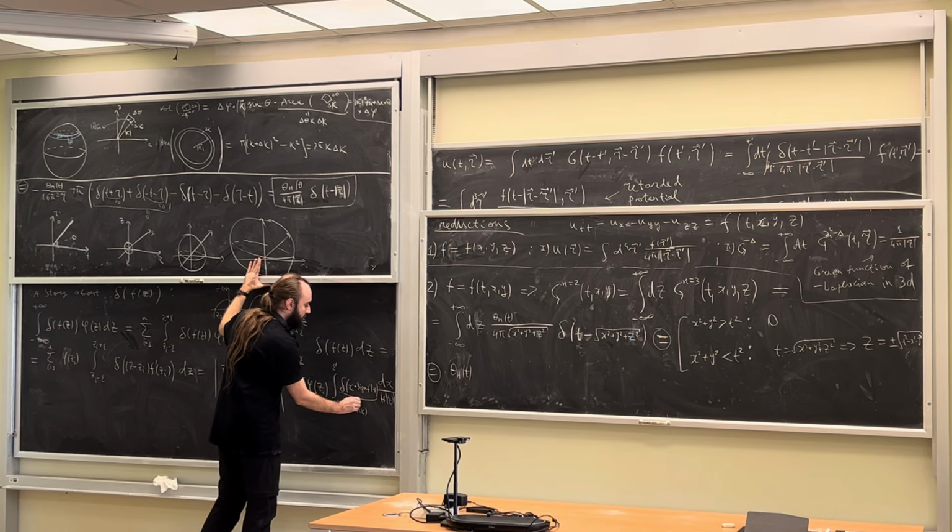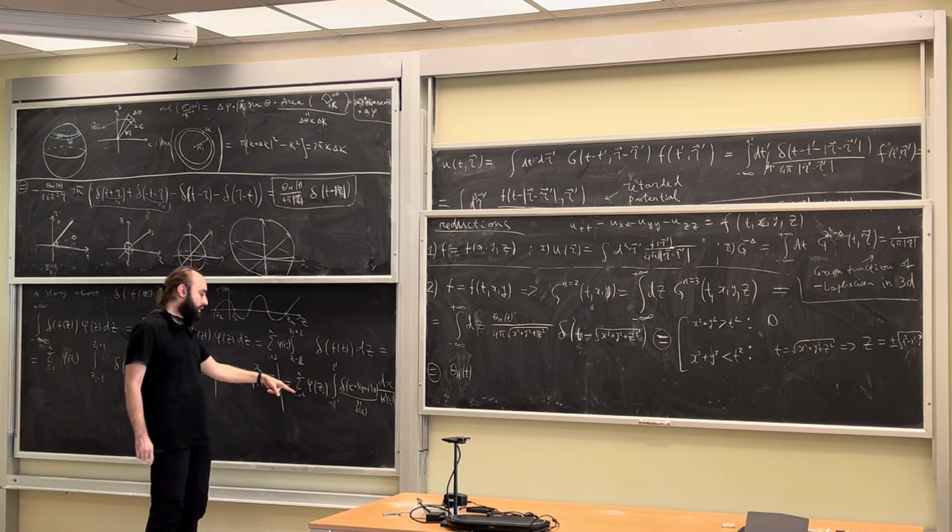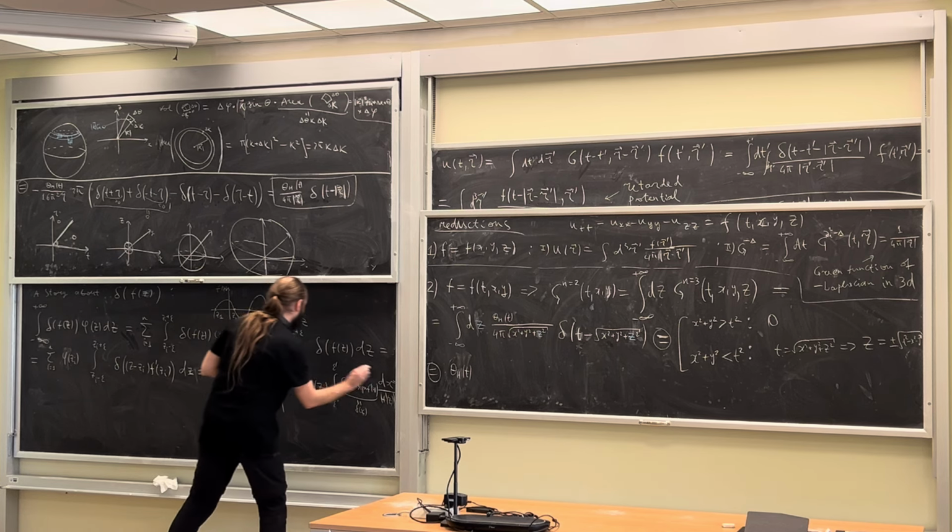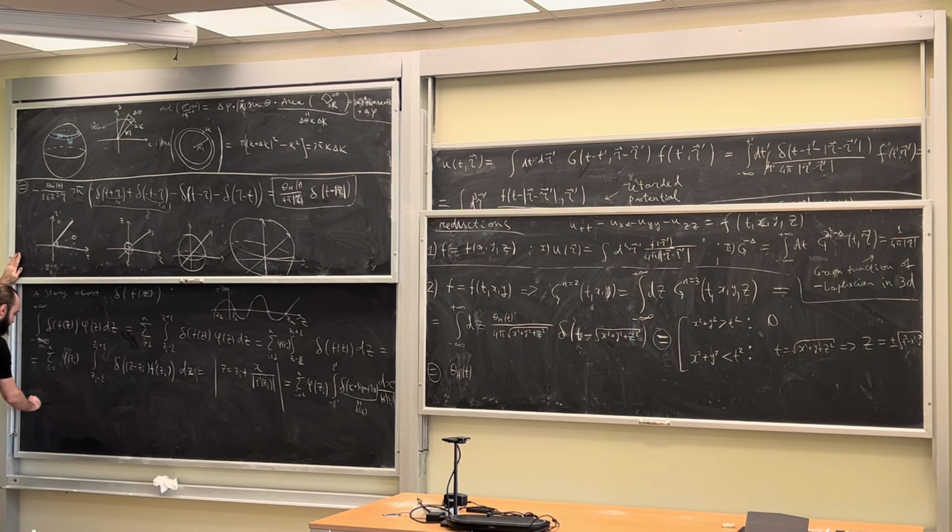So this integral can be computed now, and we get simply the sum from 1 to n of phi of zi times 1 over the absolute value of f prime of zi.